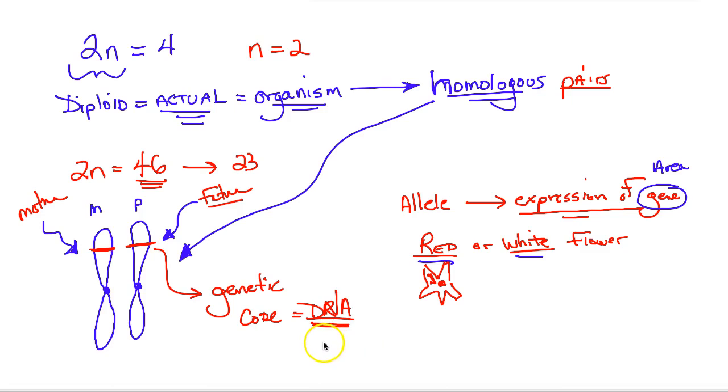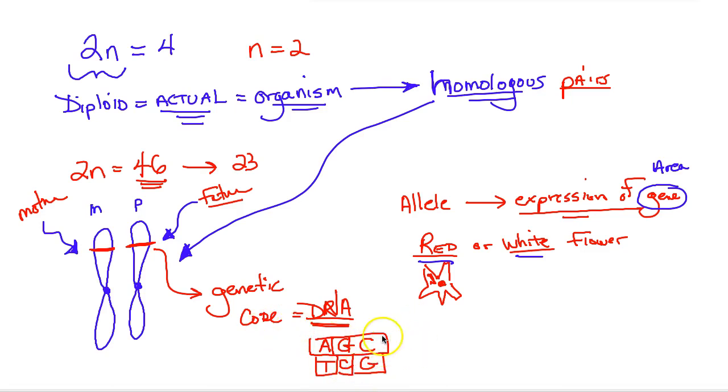Those nitrogenous bases are really what the code is. You could have an A, a G, and a C, and these are adenine, guanine, cytosine, and these are the nitrogenous bases, and they would pair up appropriately. We'll talk about this. DNA is double stranded, and there's an appropriate pairing of this code.